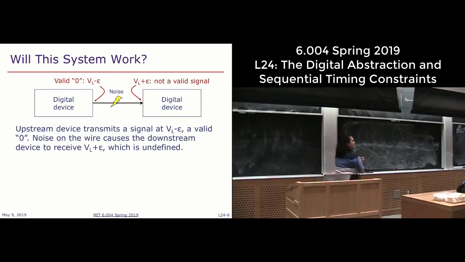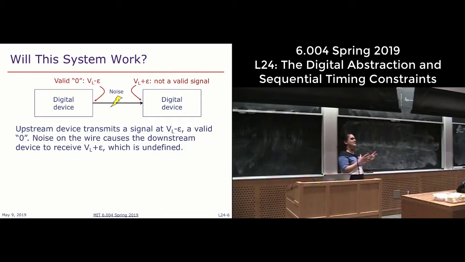The first thing that we want to make sure is that our combinational devices work even if we introduce some noise, because noise happens in our world, right? If I transmit something on a wire, I can't guarantee that I'm going to see on the other end of the wire exactly the same value as I put in on the input.